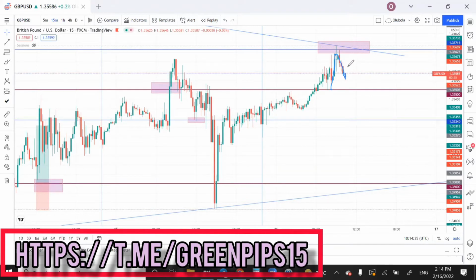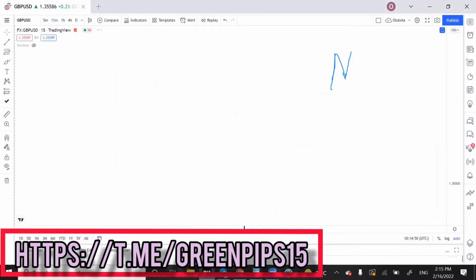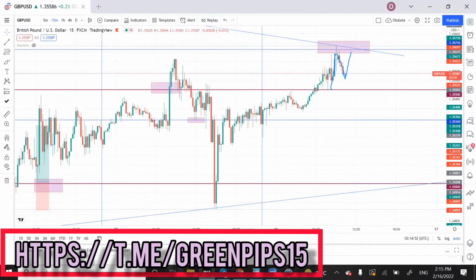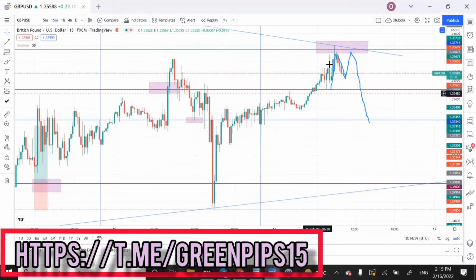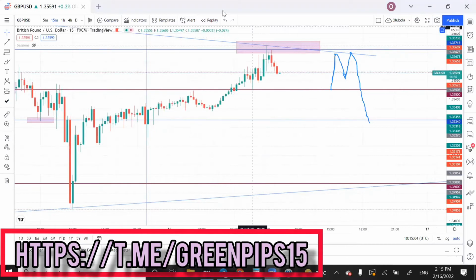Probably from here, it goes up. Then it comes down, then probably comes to touch our low of the week. So that's what I'm also watching out for today.